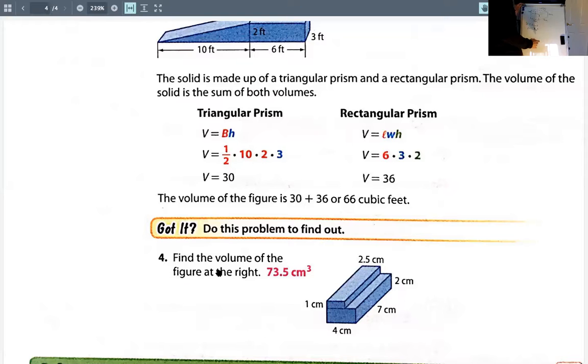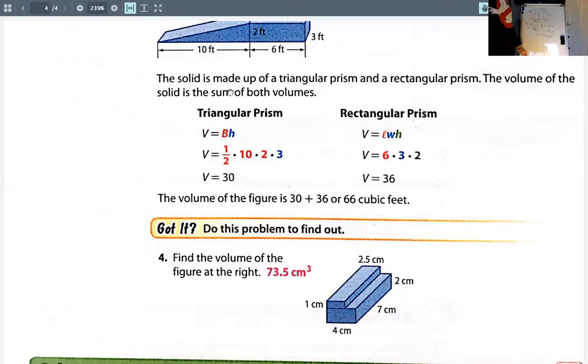Now the big one, the base area I'm going to use is 8. The height is going to be 7. And you're going to get a volume of 56 cubic centimeters. I'm going to add those together. I'm going to get 73.5 cubic centimeters. And then I look at the answer, not before. And I got it.